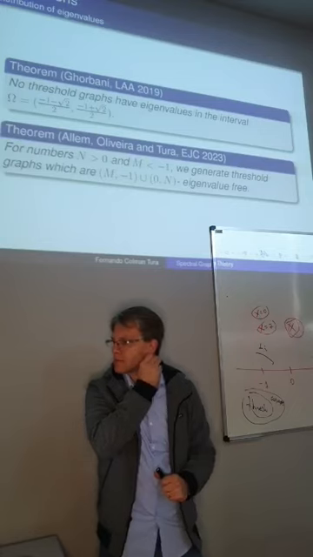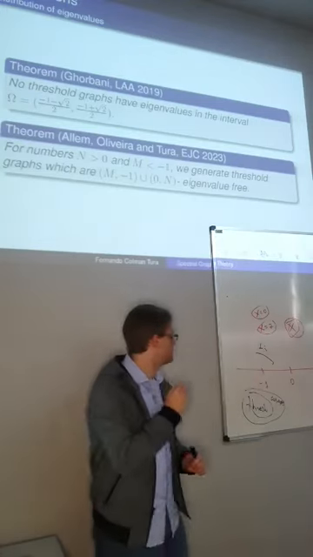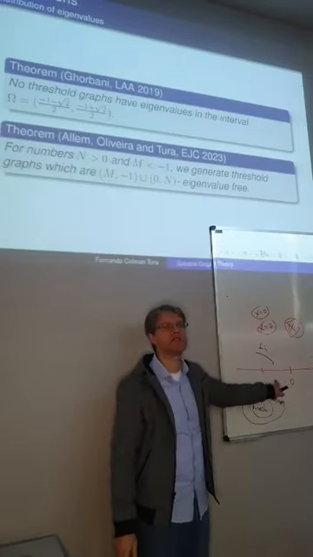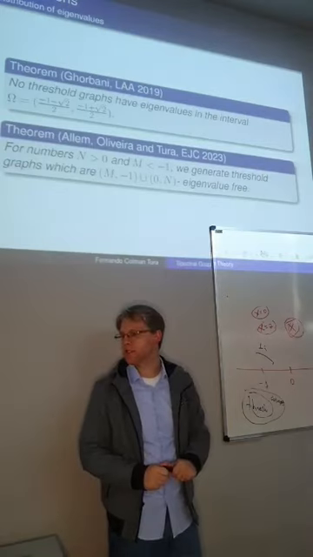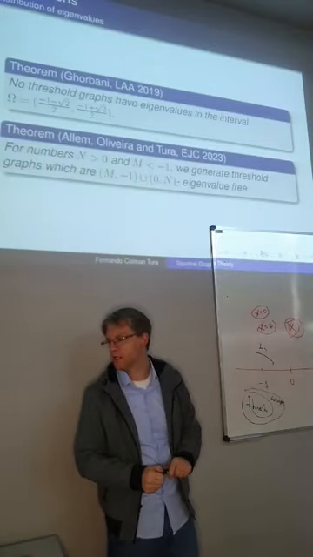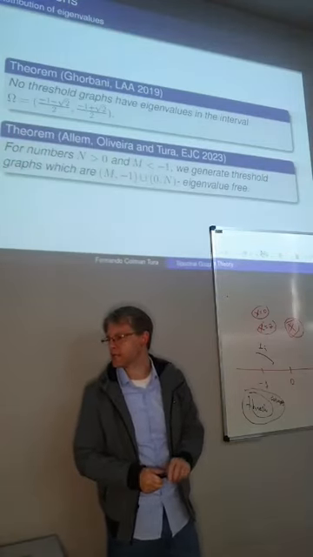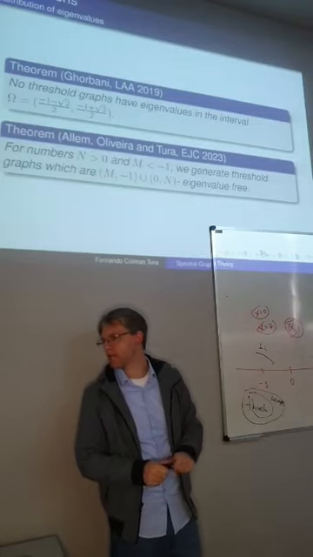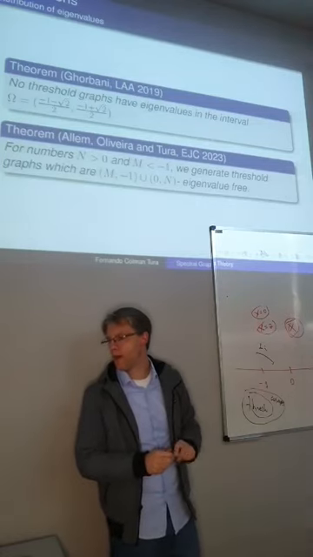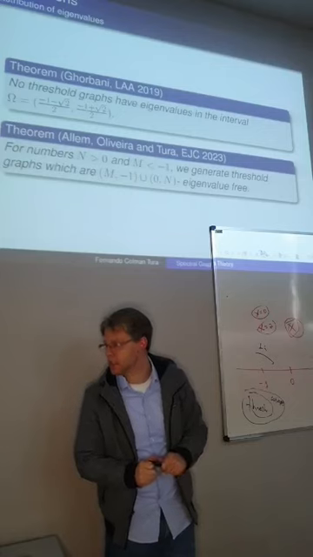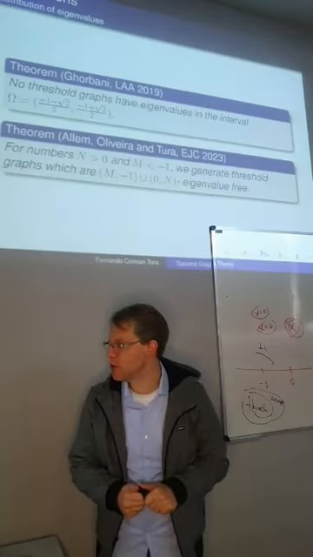Recently, Gurbani looked at this interval here and he proved that no threshold graphs have eigenvalues in the interval -1 to square root of 2 over 2.